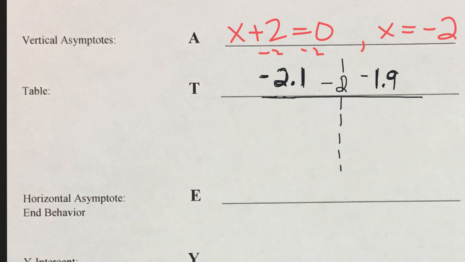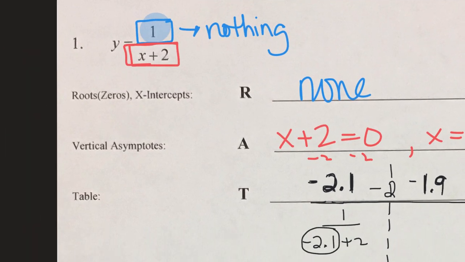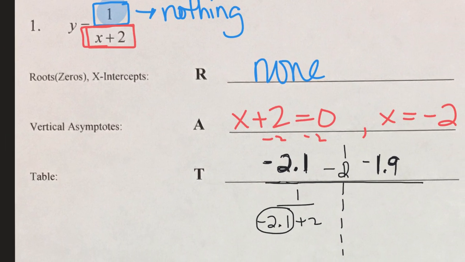And what we do is we plug that into your equation. So 1 over -2.1 plus 2. You replace x in your equation with that value that we just chose. Now, the important thing is, is this a positive or a negative number? 1 over -0.1, right? So -2.1 plus 2 is -0.1, which turns out to be -10, by the way.